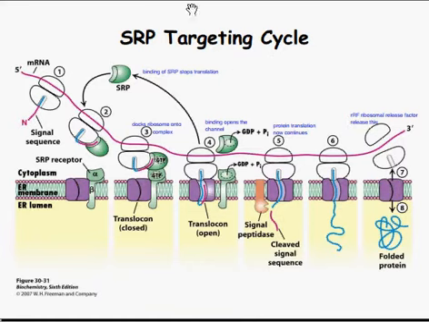Okay, so the SRP targeting cycle: it sees the mRNA with the ribosome complex. The SRP binds down onto the ribosomal complex, wherein it binds to the SRP receptor, the alpha part of the SRP receptor, which docks the ribosome onto the complex.